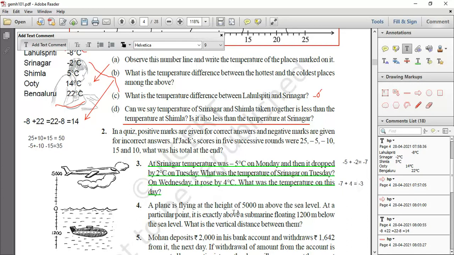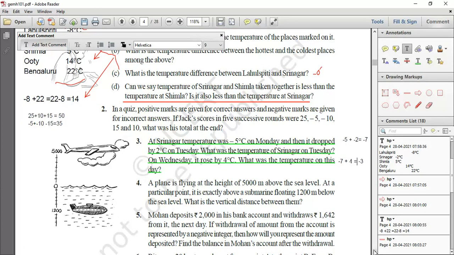Now moving on to question number 4. A plane is flying at a height of 5,000 meters above sea level. At a particular point, it is exactly above a submarine floating 1,200 meters below sea level. What is the vertical distance between them?